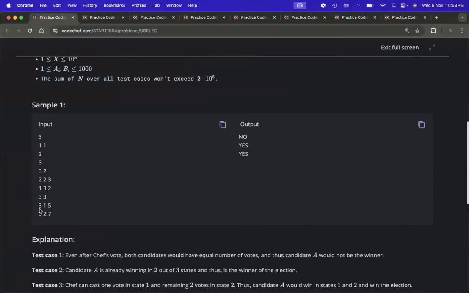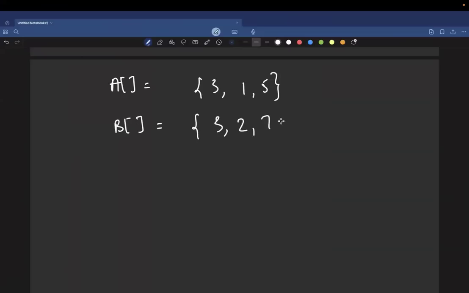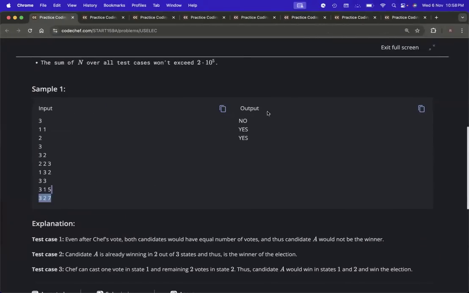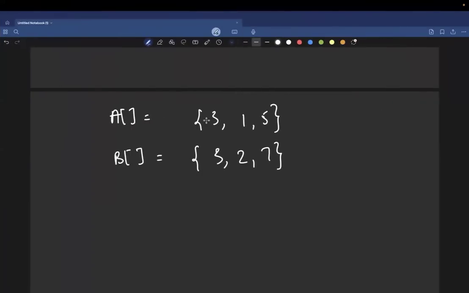Let's say the elections are like this: A has 3, 1, 5 and B has 3, 2, 7. So the votes which candidate A got in the 3 states were 3, 1, and 5, and similarly for candidate B, the votes are 3, 2, and 7.